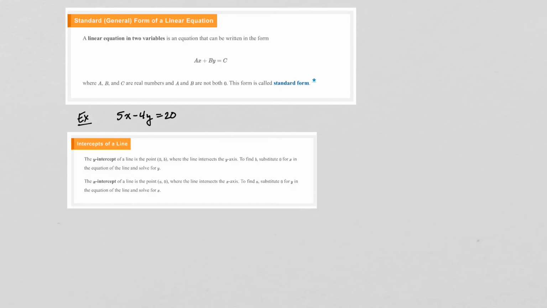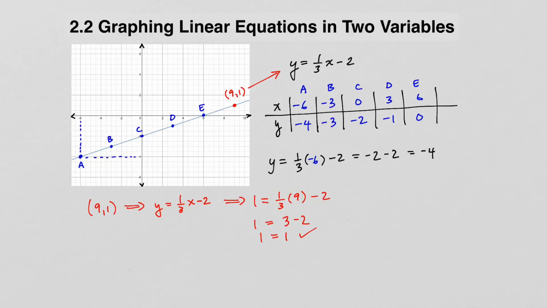So the next concept here is, what does it mean to be a standard form of a linear equation? The standard form of a linear equation is when it is written like this: ax plus by is equal to c. You'll notice on the previous page that this equation was not in standard form.